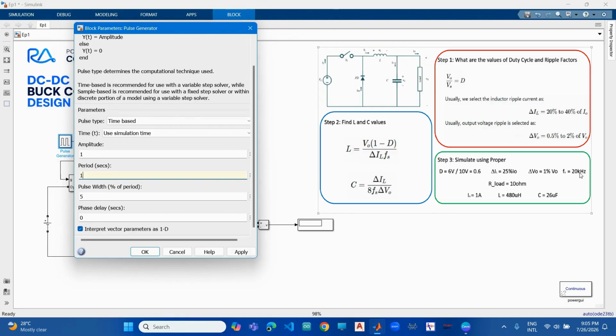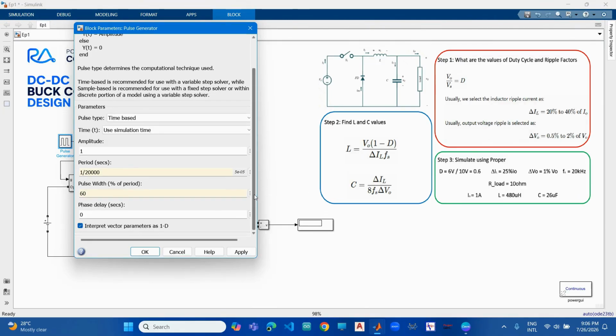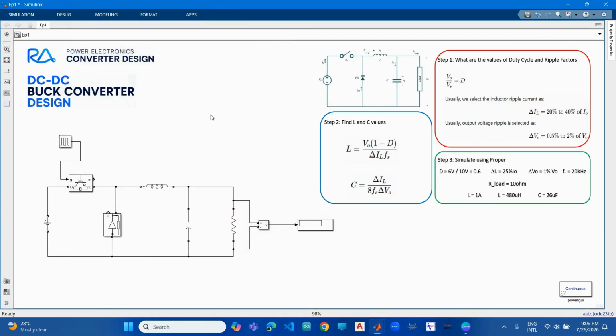Then the percentage here is 0.6, which means 60 percent. No time delay, that's all. And apply. Now our circuit is done.